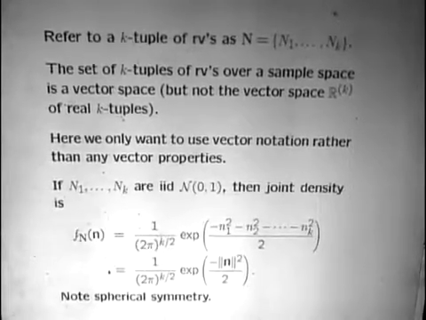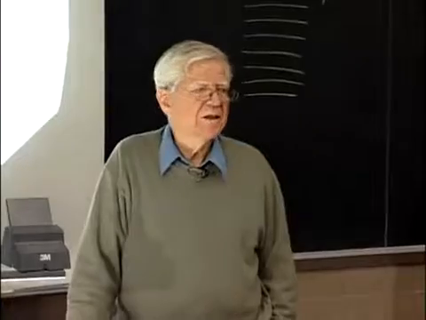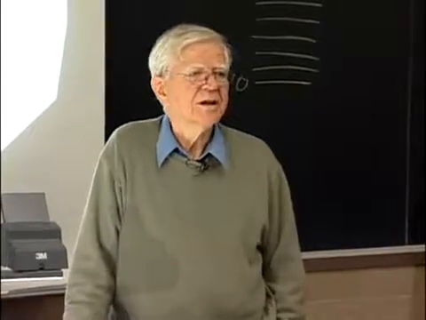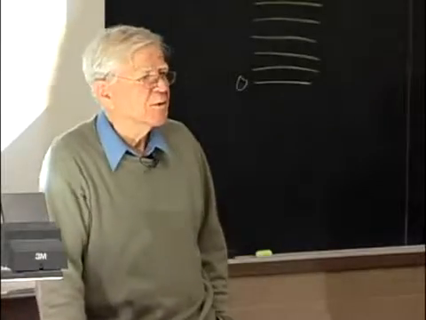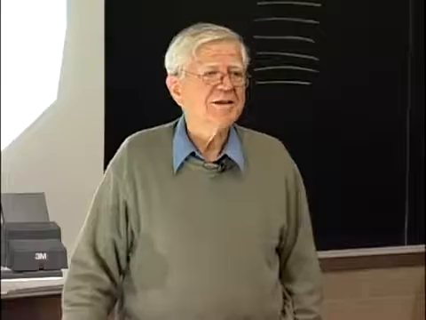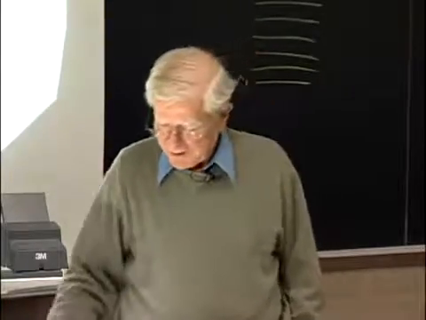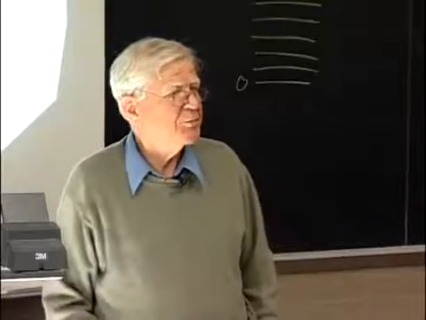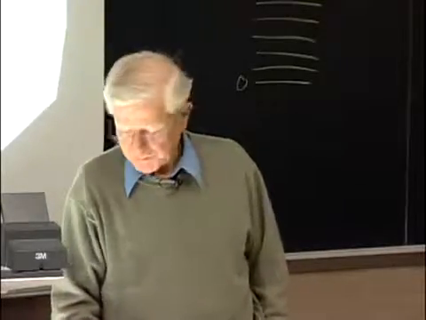Now, we're not going to do that because most of you are already sufficiently confused about viewing functions as vectors, and adding on the idea of a random process as a vector would be very unkind. And we're not going to do it because we don't need to do it. We're simply calling these things vectors because we want to use the notation of vector space, which will be convenient here.